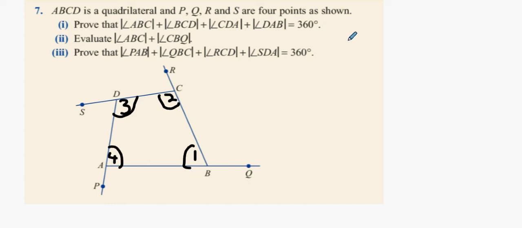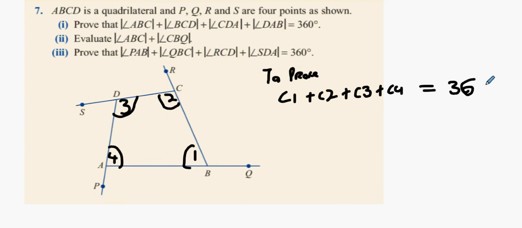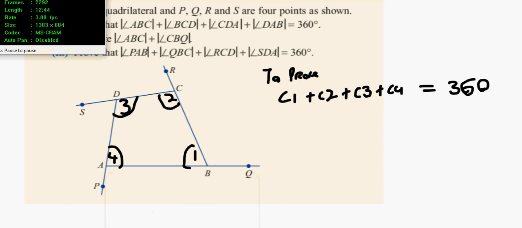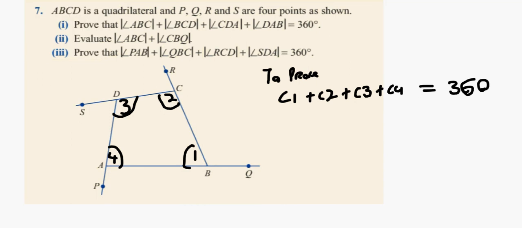So what I essentially want to prove is that angle 1 plus angle 2 plus angle 3 plus angle 4 equals 360 degrees. Okay, so this is going to be a lot easier than you think. It's a simple answer.